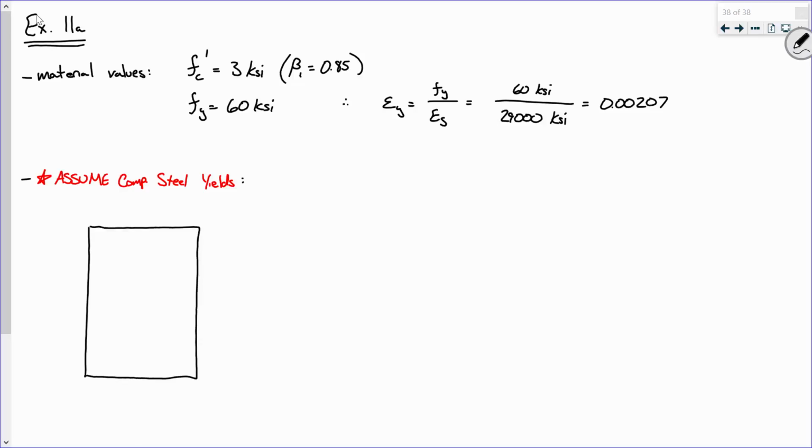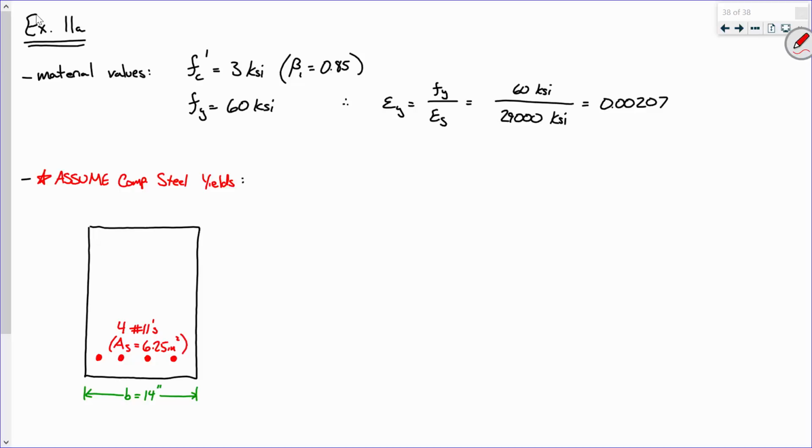So here's the beam. So the first thing that we know is that b, which is the width, is 14 inches. Okay. Now on the bottom, we've got 4 number 11s, and this is an area of steel of 6.25.